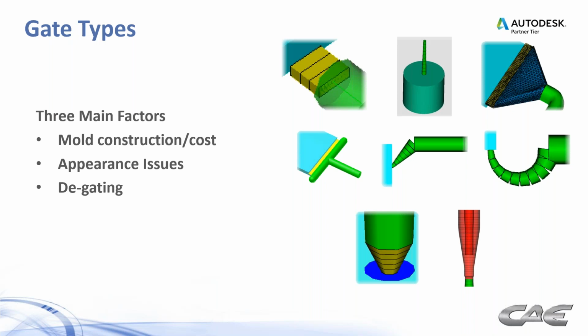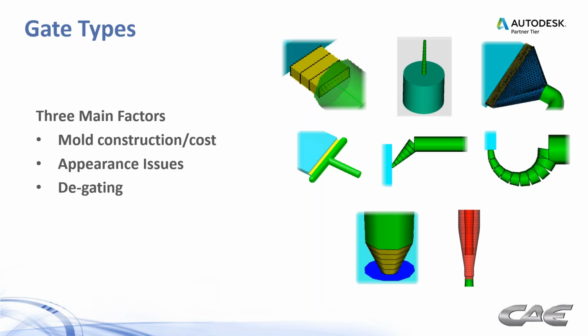Cost is an issue. Do you want to go through the expense of building and using a hot manifold? There's upfront cost there, but there's benefit down the line, with less material cost and so forth. So there's a cost-benefit analysis there. Appearance issues: can we have a visible gate vestige?